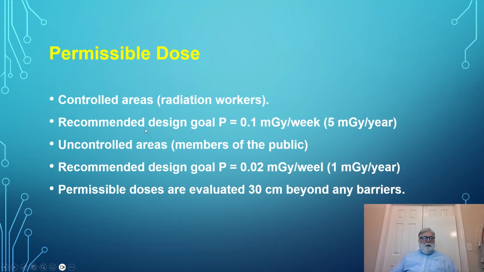This is 5 milligray per year. That's lower than the limit for workers, but does match the limit for a pregnant worker. The limit for a pregnant worker is 500 millirem, which is 5 milligray for the duration of the pregnancy.